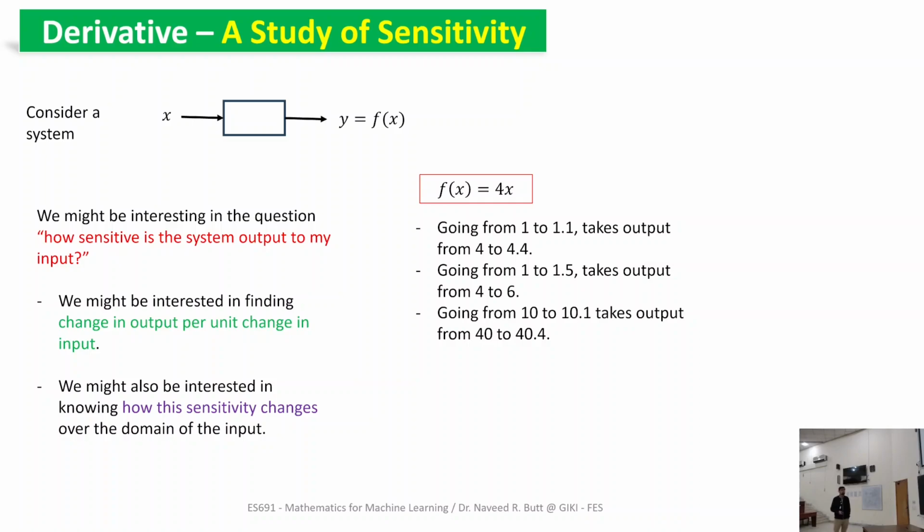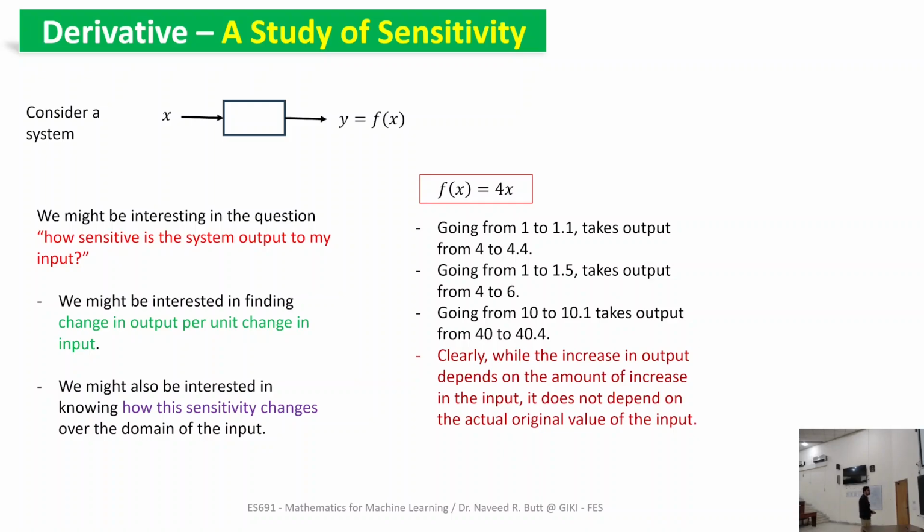So in this case, at least it seems the sensitivity, although it does depend on how much of a change I made, does not depend on where I was when I made that change. If I was at 1 and I added 0.1, I got an addition of 0.4. If I was at 10 and I added the same amount, I still got the same amount of change, right? This is what we of course recognize as linearity, right?